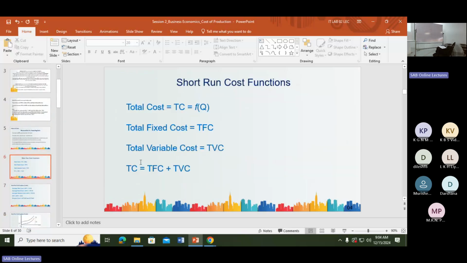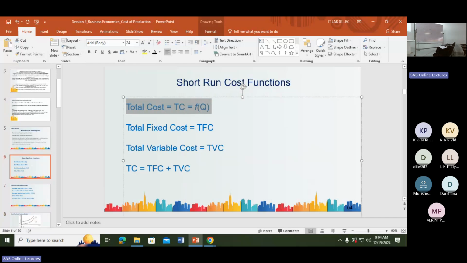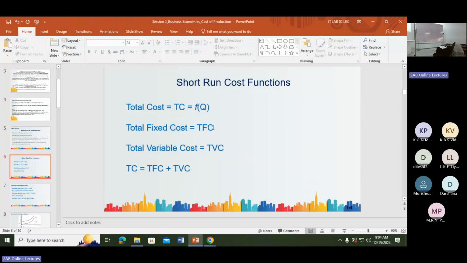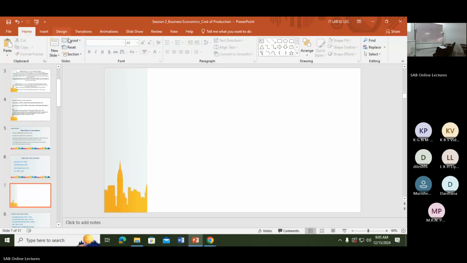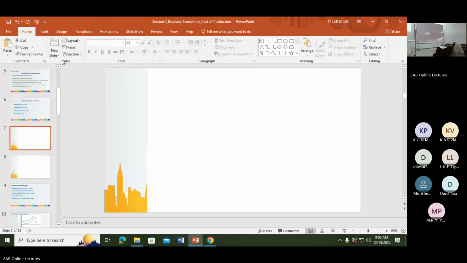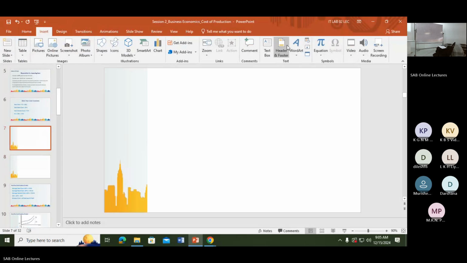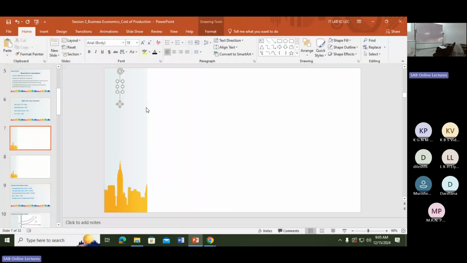Okay. In the short run, we talk about several cost concepts: total cost, fixed cost, and total variable cost. As I explained before, we simplify our production model with only labor and capital.